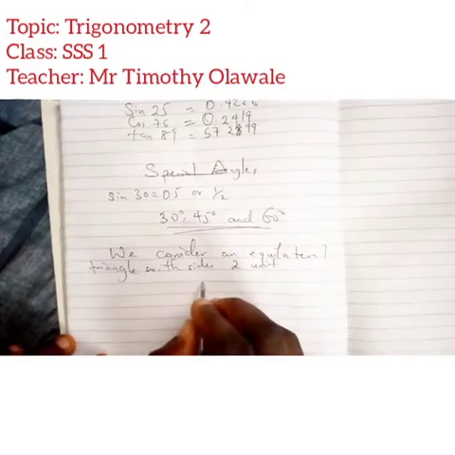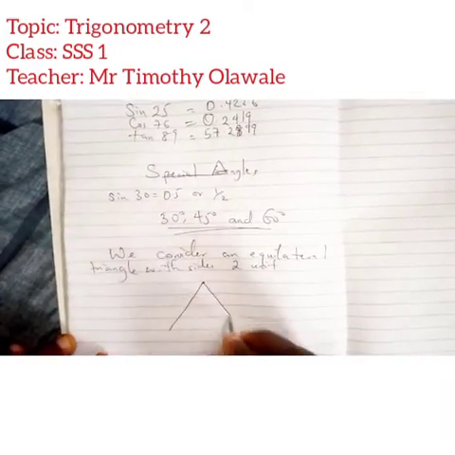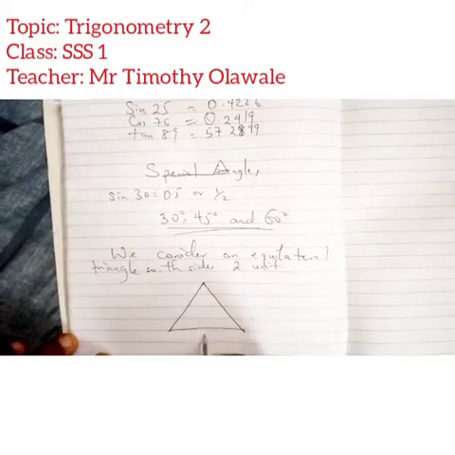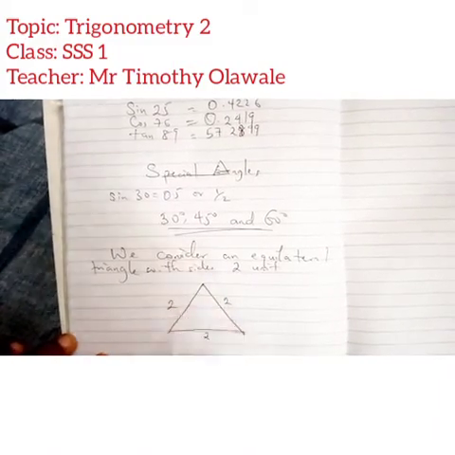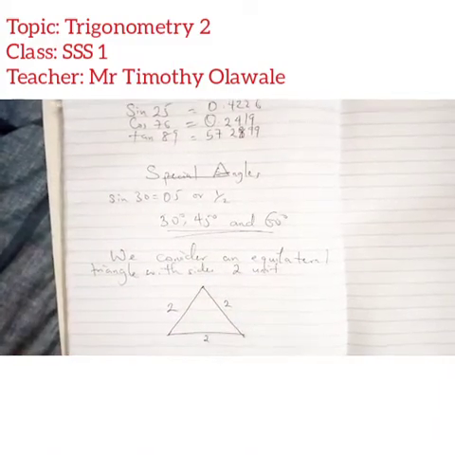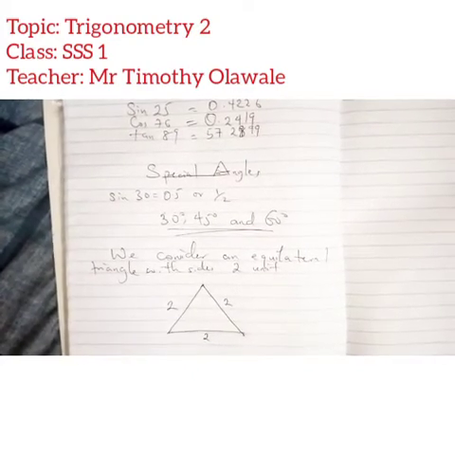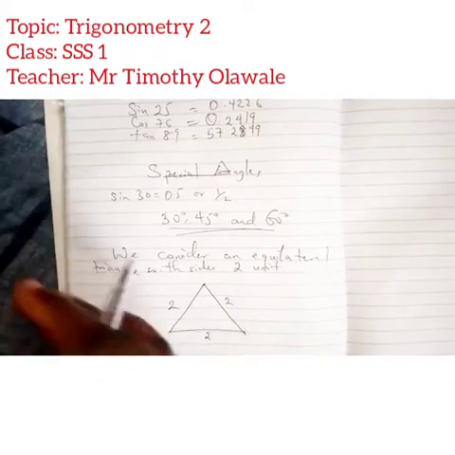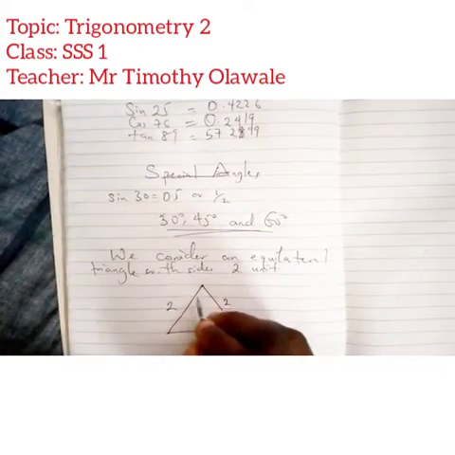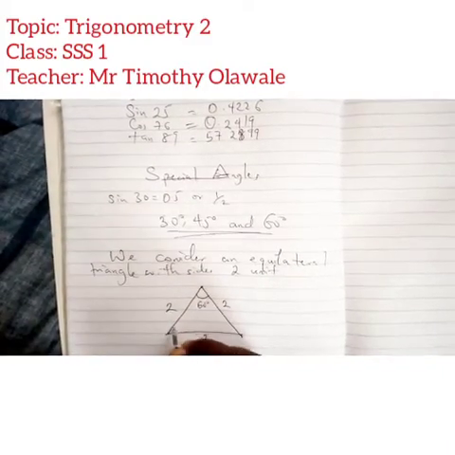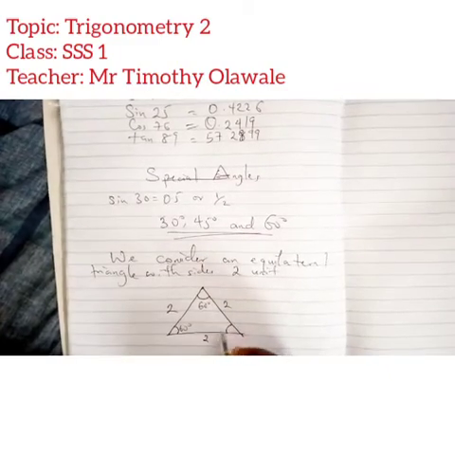So let's draw an equilateral triangle, something like this. Just a sketch, 2, 2, 2. Another thing about an equilateral triangle is that the angles are equal, and the angles are 60 degrees each. So this is 60, this is 60, and this is 60.